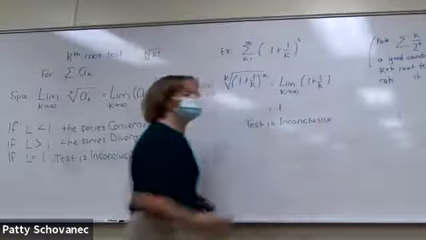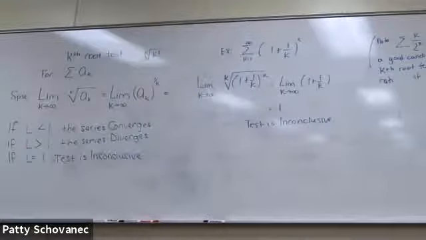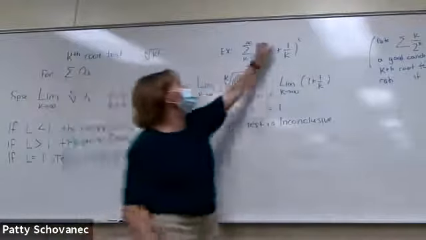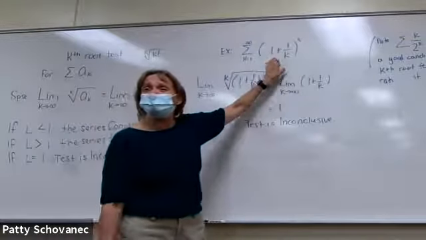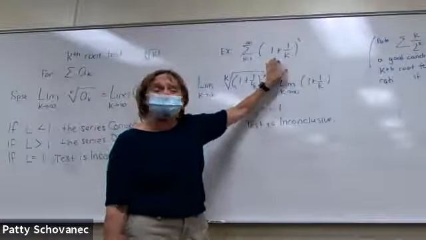So what would you use? That's right, I'd use the test for divergence. I've done this so many times, I know that the limit of the general term is not 0. The limit of the general term in this example is e. So I'd use the test for divergence.